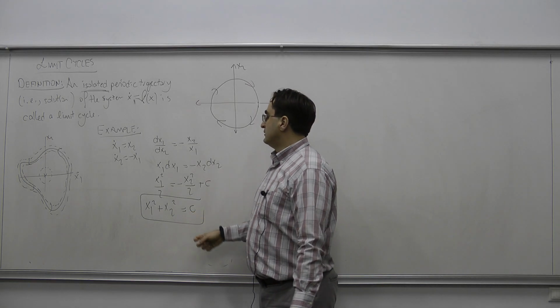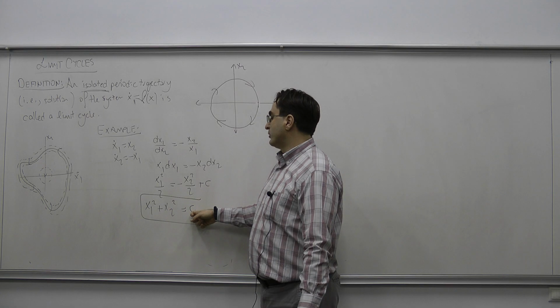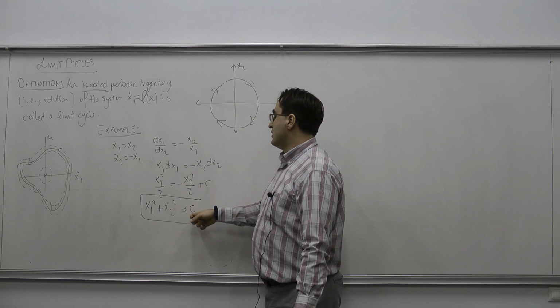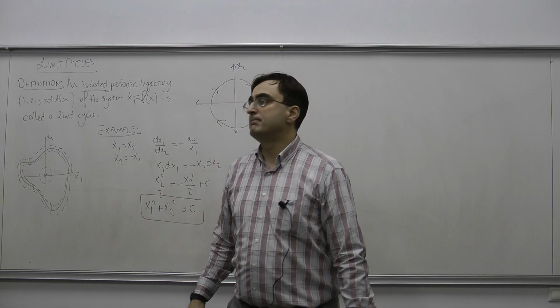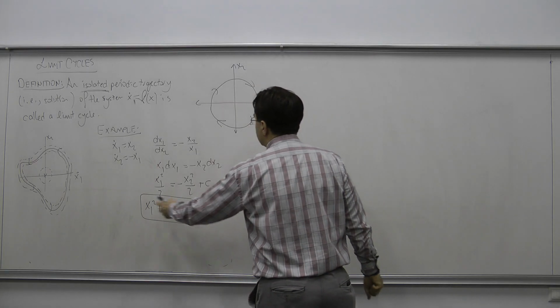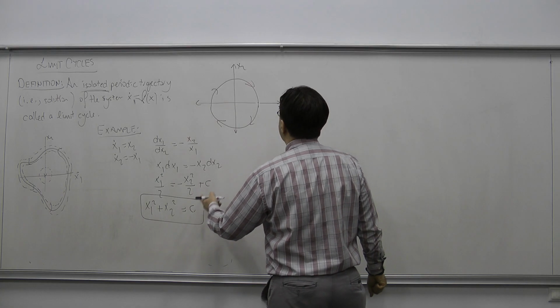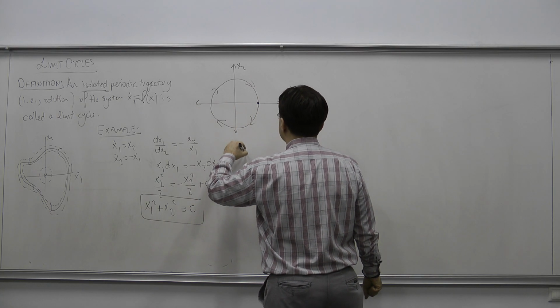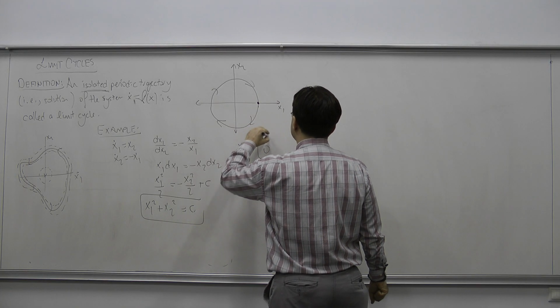So here, it is really important that you understand what happens when I change c here. Suppose that my initial condition x(0) is equal to (1, 0).